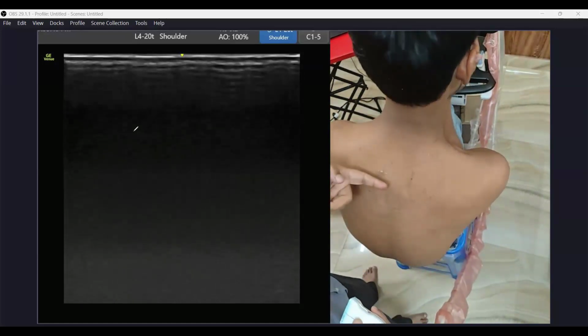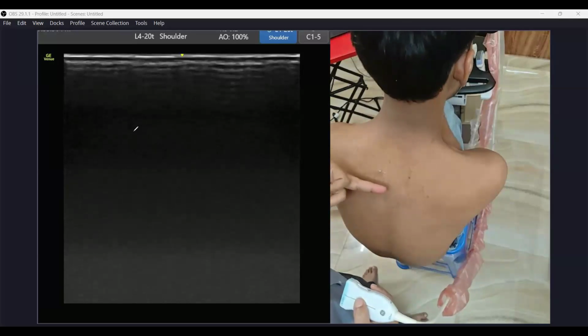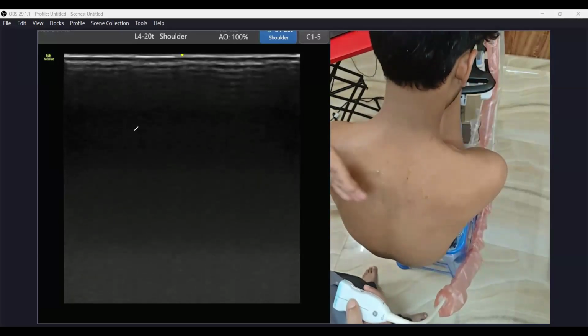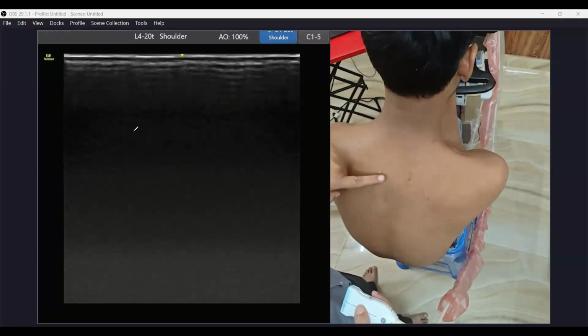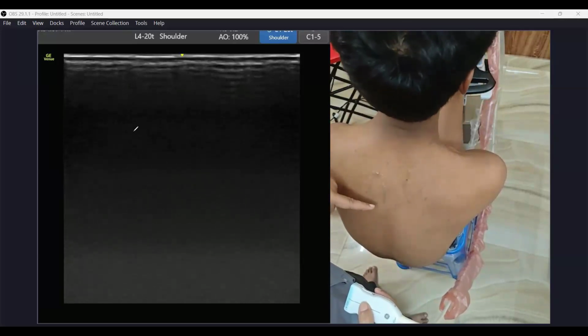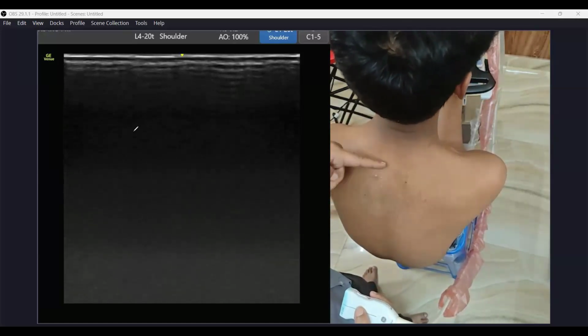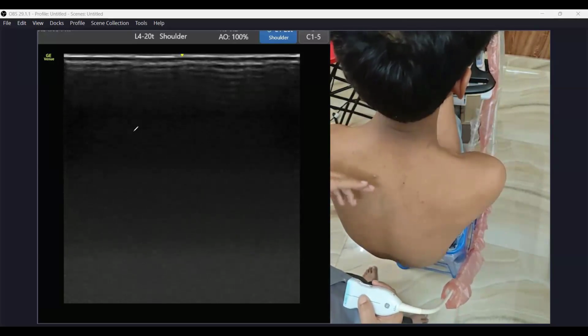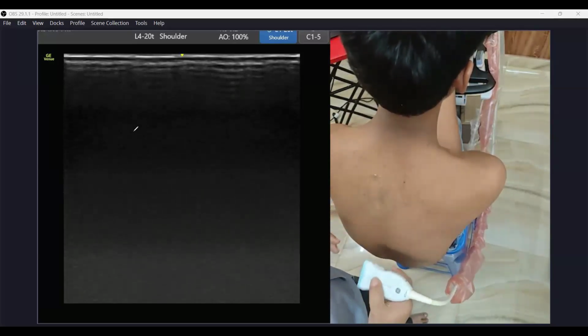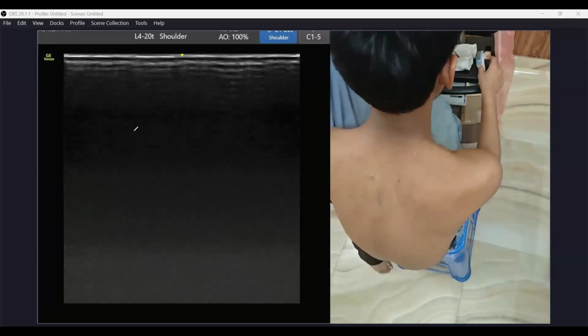The transverse process is a posterior structure, the rib is anterior, and the superior costotransverse ligament attaches superiorly to the transverse process and caudally to the rib. So it is the costotransverse ligament, your superior costotransverse ligament. This is always better seen with the curvilinear probe, so I will show you with the curvilinear probe.